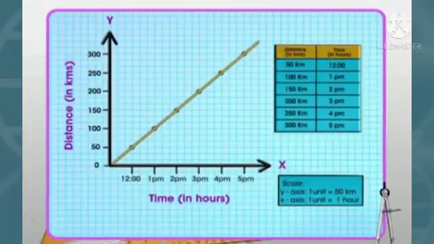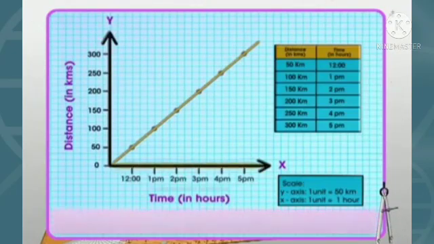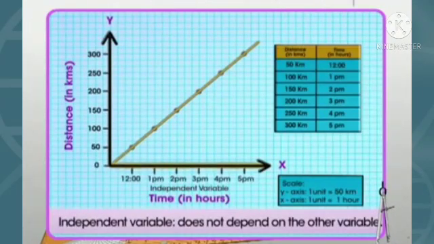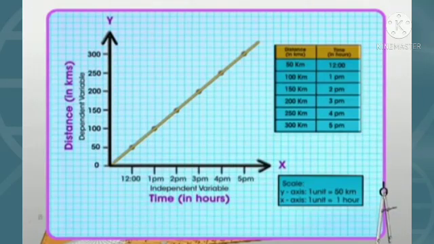In a linear graph, there are two variables that are compared. One variable changes and the effect of this change is seen on the other variable. So, the second variable depends on the changes in the first variable. Here, the first variable is called the independent variable and the second is called the dependent variable.